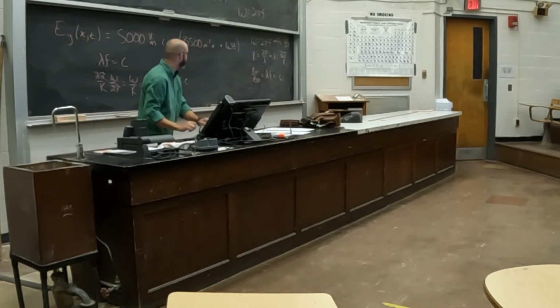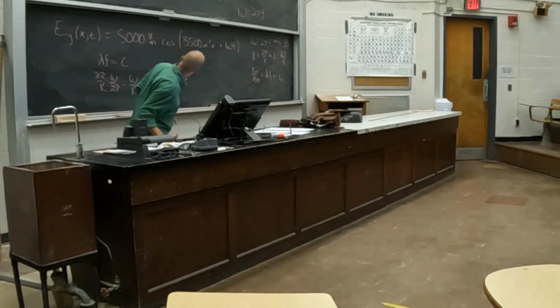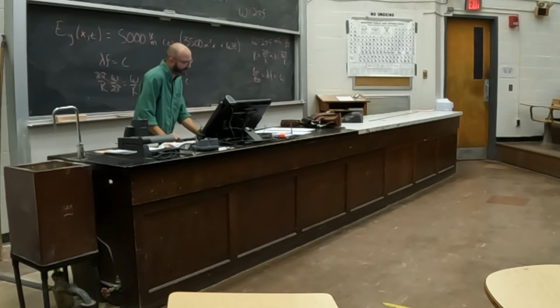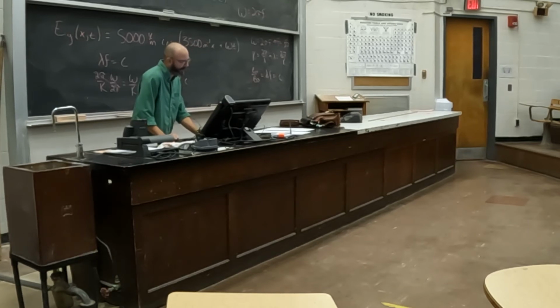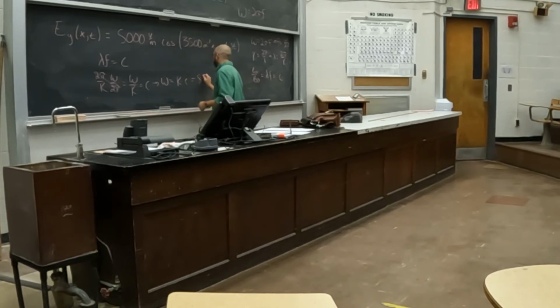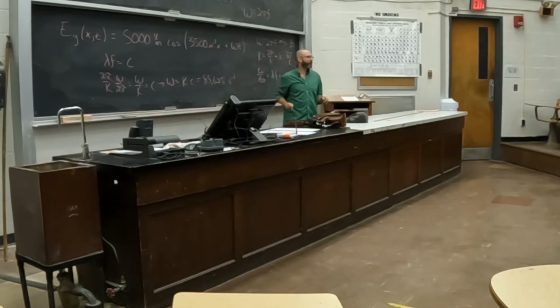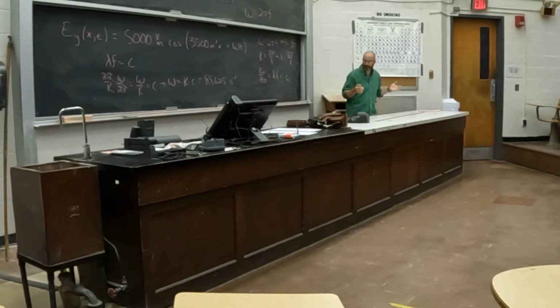So the speed of light c times the wave number k, which is 3,500, gives me 85,625 and change hertz or per seconds, either way you want to write it.